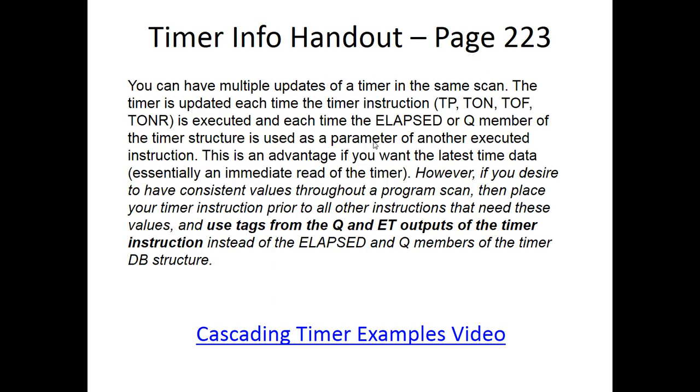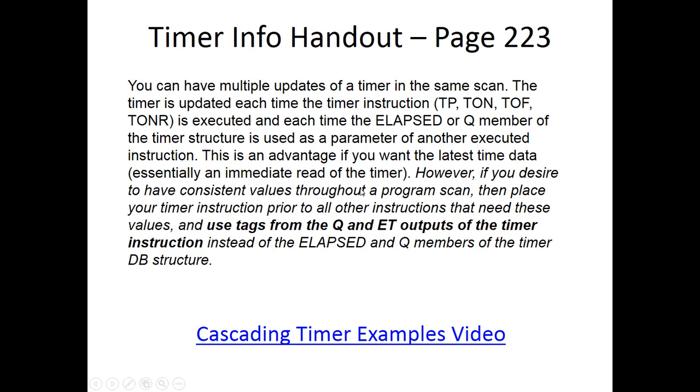The timer scan is out of sync with the I/O, or with the ladder scan, and this has serious implications. It says the timer is updated each time the instruction is executed, and each time the Q or ET member is looked at or used as a parameter. So if you're looking for the equivalent of the ACC, the accumulation, or you look at the Q to see if it's done, let's say the timer is here in the middle, that's fine.